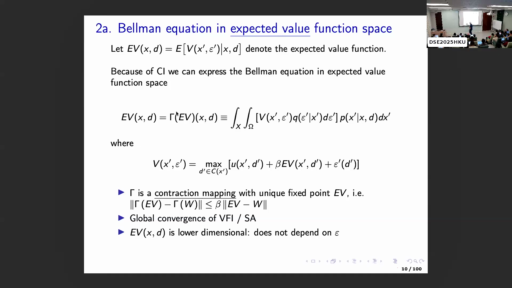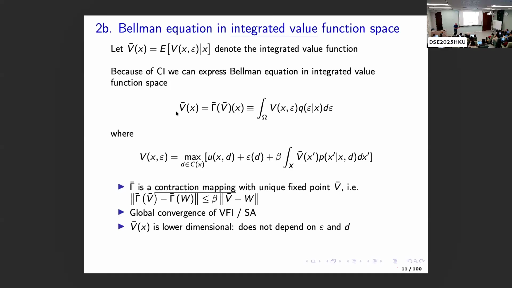Now you can also do, and we see that often, where instead of calculating the expected value function, we calculate the integrated value function or the smooth value function, where we just take the expectation over the epsilons only and formulate the Bellman equation in that space instead. So that looks like this. Okay.